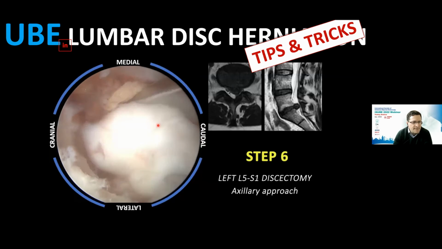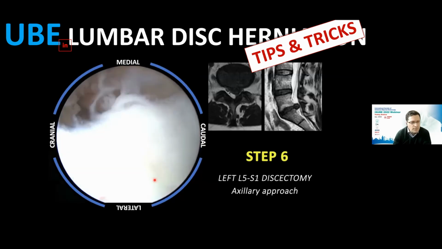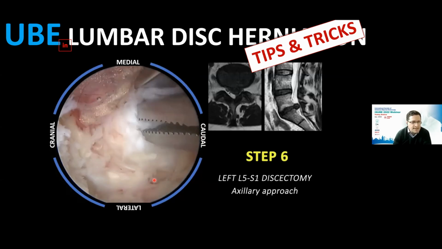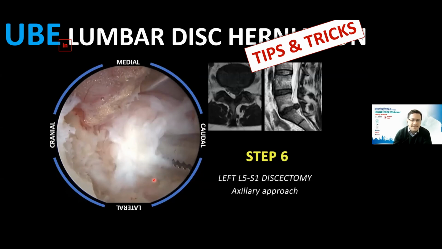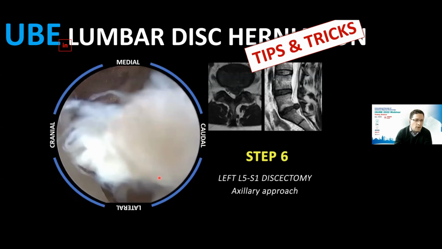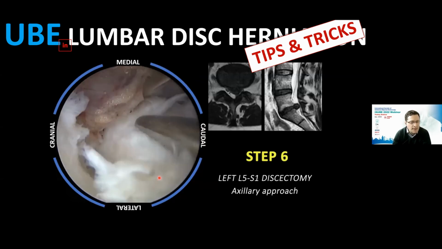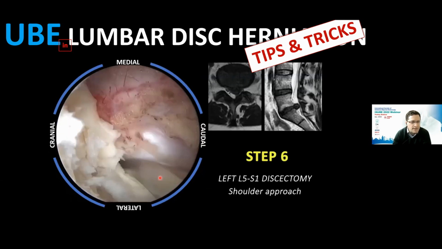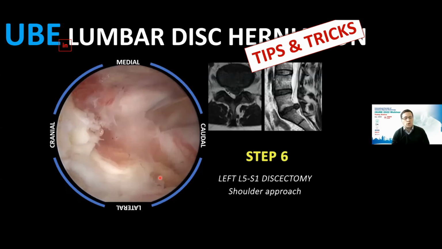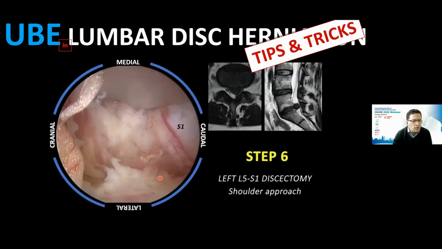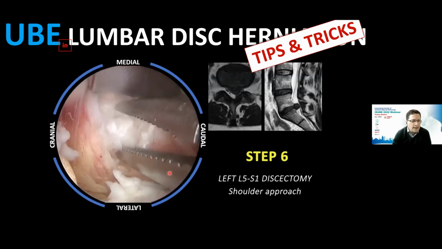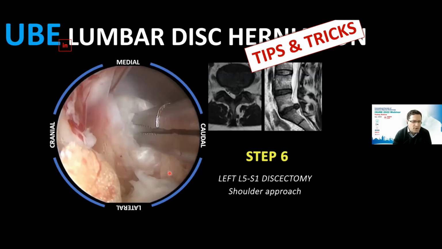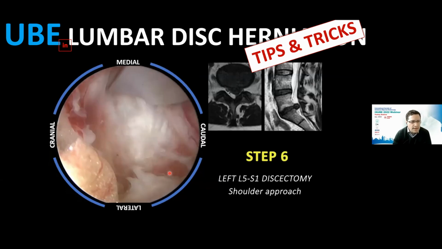the canal with a huge part of the lumbar disc, I can dissect the S1 root and understand that I was working in the axillary part. And then finally, look at this. This is the S1 root. It was very difficult in the first part to understand. And then I'm working in the shoulder of the root, and I finally complete the discectomy in this case.